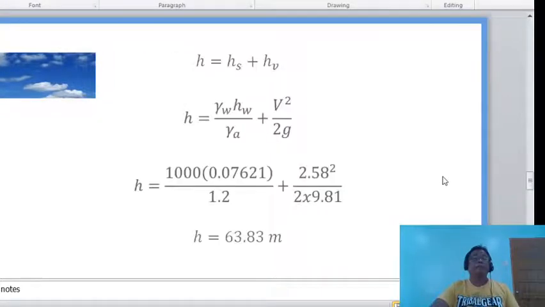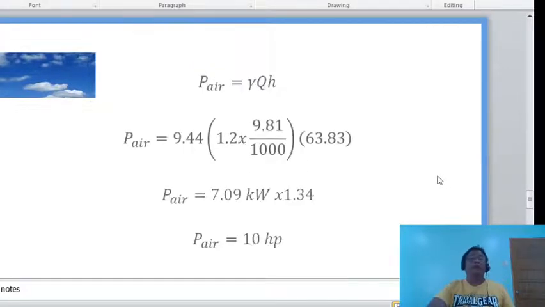Getting now the total head, that is static plus velocity. Substituting values, the answer now is 63.83 meters. Substituting now using the formula, the air power, of course, is the unit weight times discharge multiplied by the total head.